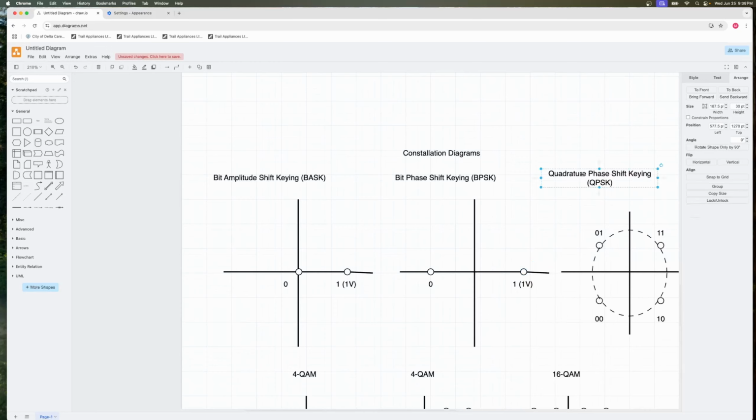And then we have the quadrature phase shift keying. Quadrature phase shift keying, quad means 4, so you can see it's in a circular shape within the graph, and we have 4 different quadrants, so 1, 2, 3, and 4 quadrants, and we're dealing with the phase shift keying.